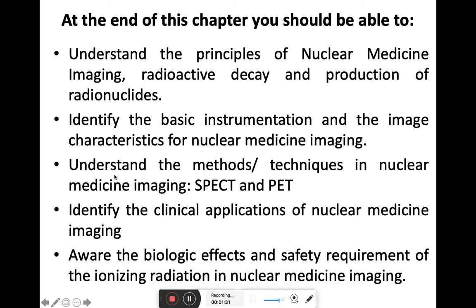It is also expected that you will understand the methods and techniques available in nuclear medicine imaging. Here we are specific to the SPECT and PET techniques, followed by being able to identify the several clinical applications, and finally to create the awareness of the biological effects and safety requirements of the ionizing radiation in nuclear medicine imaging.